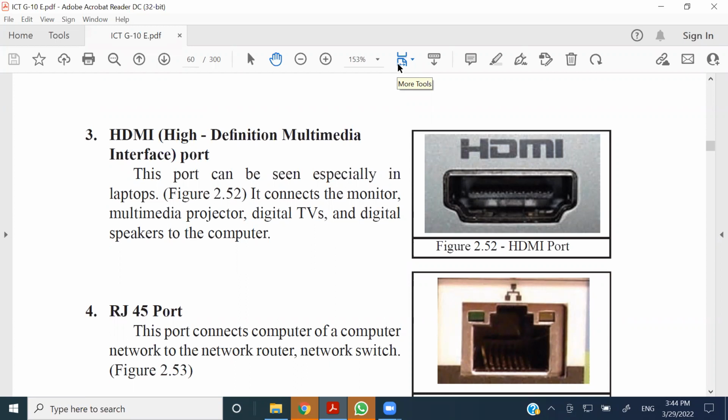Then only you will be able to hear the sound. The sound will not be communicated along the VGA port, right? Not with DVI as well.